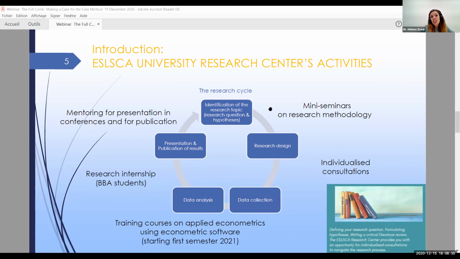There is a new initiative that will be launched in the first semester of 2021, and that aims to focus on data collection and data analysis. We will soon be offering training courses on applied econometrics using econometric software, and most probably using SPSS and/or Stata.